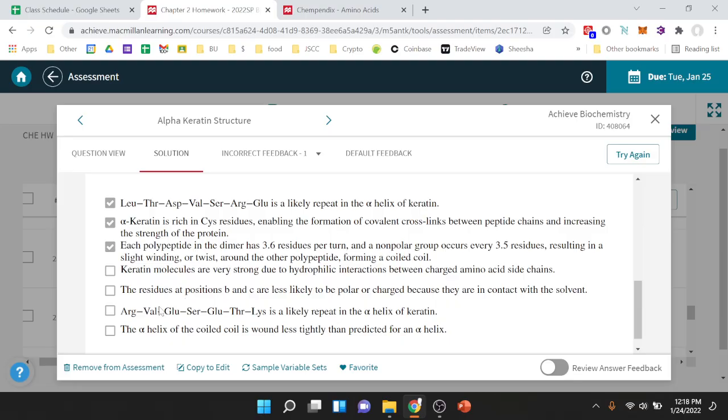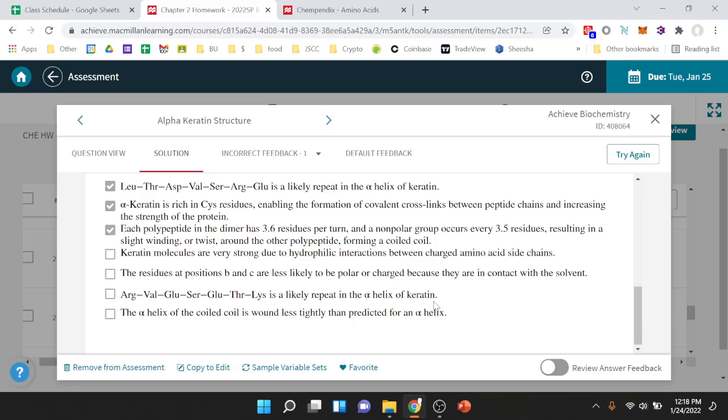Okay, Arg, Val, Glu, Ser, Glu, you get the idea, is a likely repeat in the alpha helix of carotene. So these two can't both be true, right? You'd have to choose one versus the other. The easiest way to deal with this, there's actually a few ways here, okay? You could see which is more likely to be in alpha helices. Remember that table we talked about?